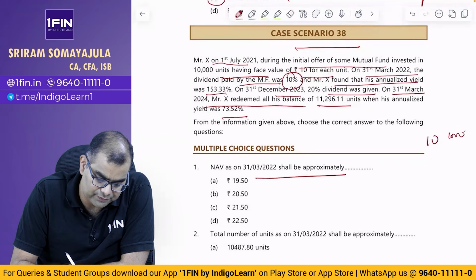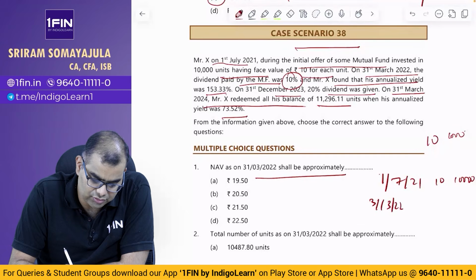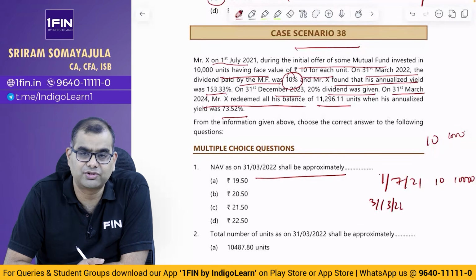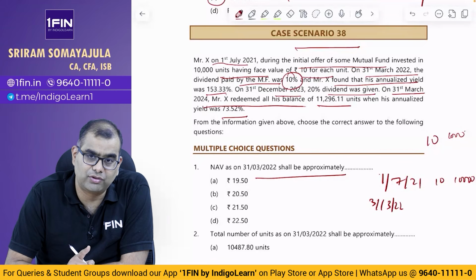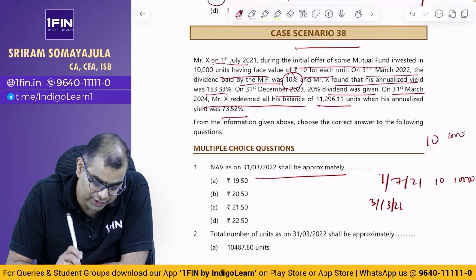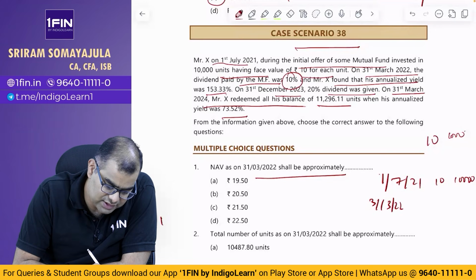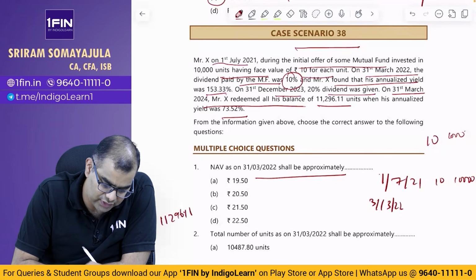There's a detailed working. So, on 1/7/21, 10 and 10,000, this is the investment. On 31st March 22, 31/3/22, the dividend was 10%. You found. So, here please note everything was paid in terms of new issue of units only. Okay. Whatever dividend was there, it is reinvested as units. See, his closing balance is 11,296.11.